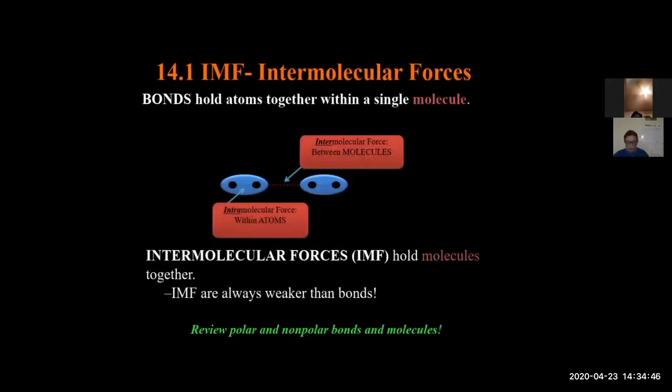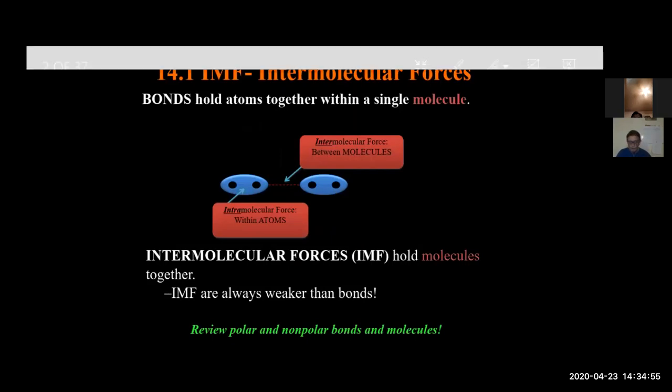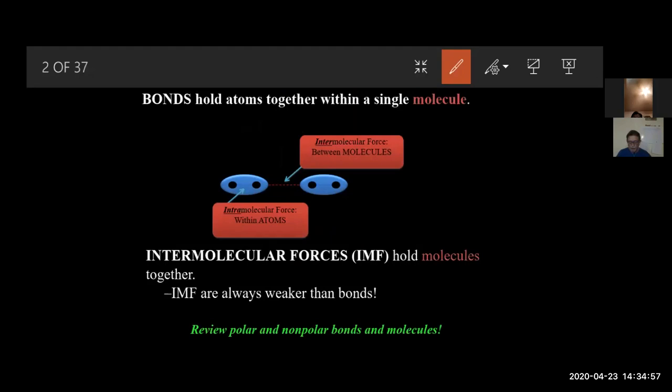Like I said, intermolecular forces deal with forces with other molecules. In this diagram, we have two diatomic molecules interacting with each other, denoted by that dotted line. Those aren't bonds, those are just forces of attraction with each other. They're much weaker than chemical bonds, but nevertheless, they're there.